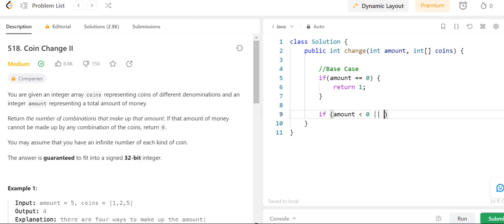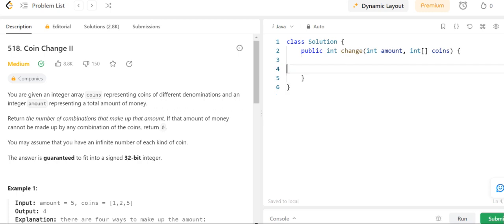Or my index, let me call a helper function, okay? I need to call a helper recursive function because I need to pass an additional argument, which is the index. So n is equal to coins dot length minus 1. So I'm going to change to a helper function, right?